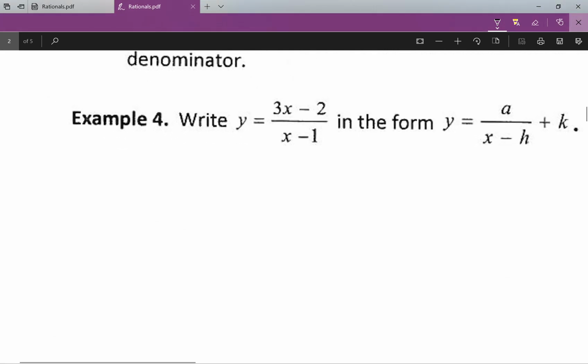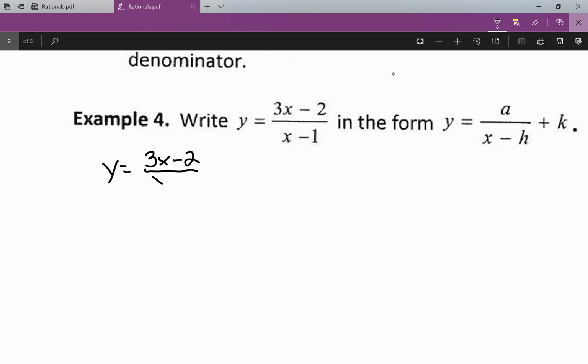Starting off, I have y equals 3x minus 2 all over x minus 1. I want to get it into the form y equals a over x minus h, and then have that plus k.